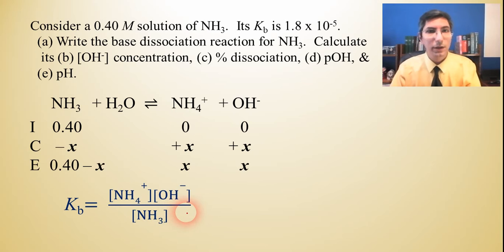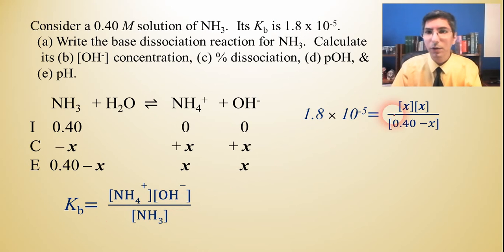Now we can just plug and chug, and the X goes in for each of those products. 0.40 minus X goes in for ammonia, and Kb was given to us as 1.8 times 10 to the negative fifth. You might notice that Kb is a very small value, and when the equilibrium constant is small, we can ignore that minus X, can't we? So I'm going to strike that out, so we're not going to worry about it. Now that makes our math problem a little bit easier, doesn't it?